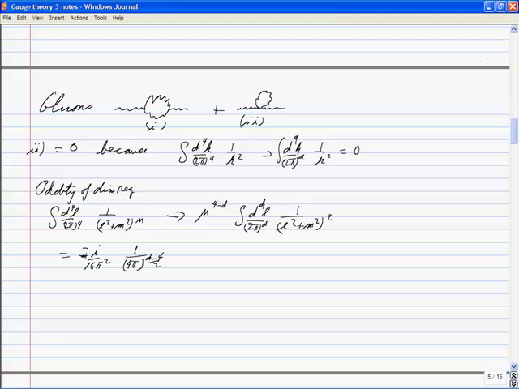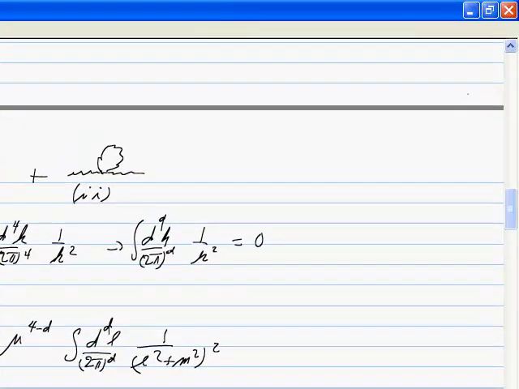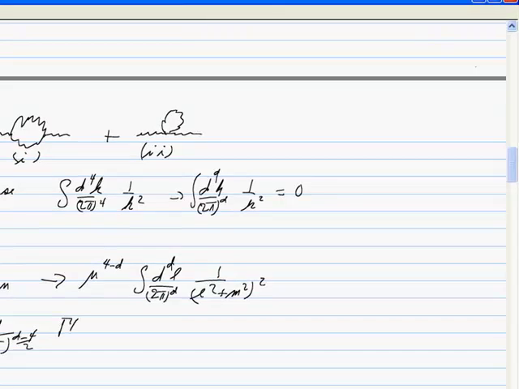I can't get to the 16 pi squared too easily, but this you can get just from watching the factors of pi and the ones that come out of the angular integral. Then there's a gamma of n minus d over 2, which is the gamma function that's left over.